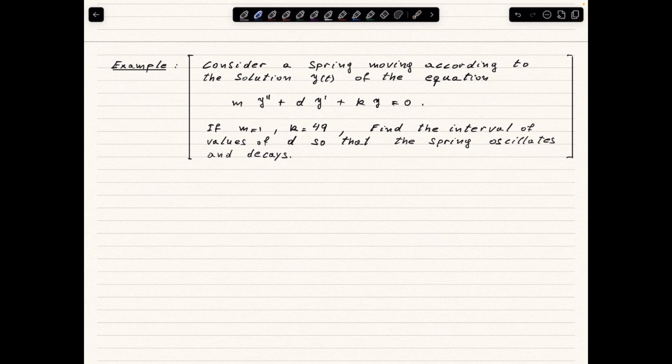What is the solution of this problem? Our equation for this case is y double prime, m is equal to 1, plus d y prime plus the spring constant, which is 49, and 49 is 7 squared, 7 squared y equals 0. How do we find solutions to that equation?